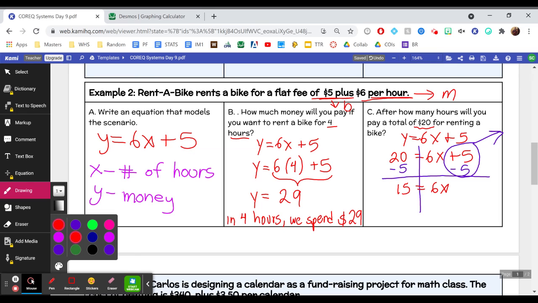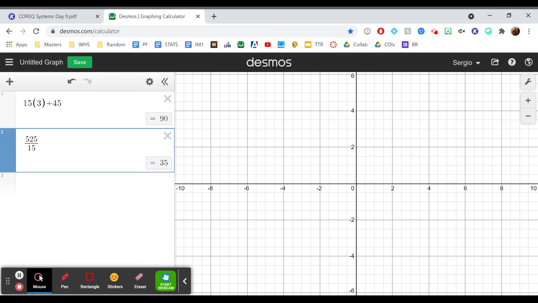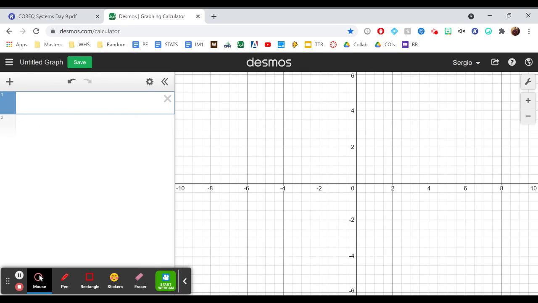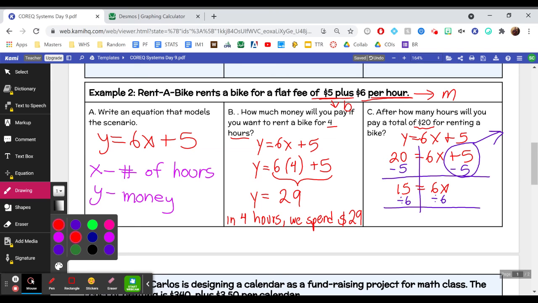Divide both sides by 6. And that gives me, you can double check here, and I recommend that you do that so that you know what it is. 2.5. So in 2.5 hours, you pay $20.